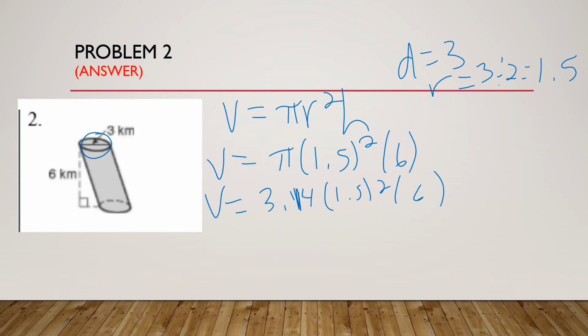Then we're going to go ahead and do the multiplying, and we end up with 42.4. In this case, we are measuring in kilometers, and again, it's going to be cubed since we are finding volume.